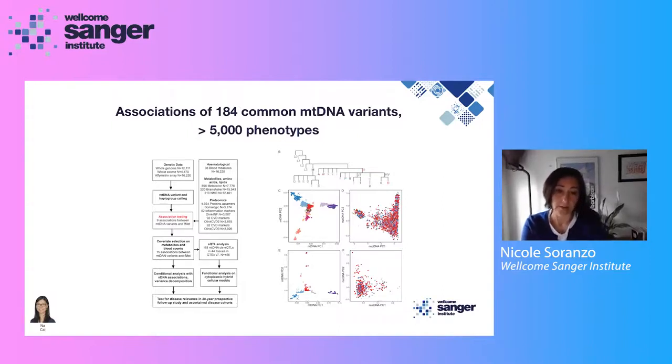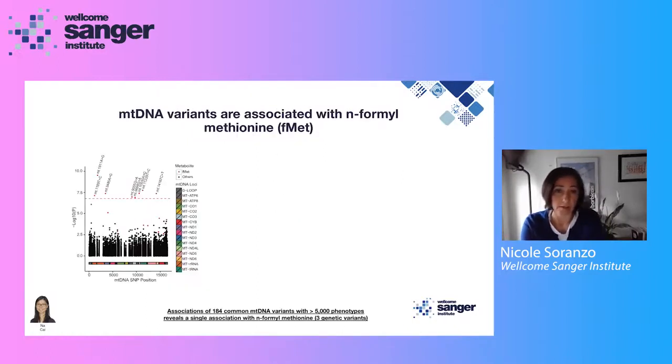So as I said, we tested association with over 5,000 phenotypes. And here on the left is a Manhattan plot showing the location of the SNPs along the mitochondrial genome with their encoding genes and p-values of association for all 5,000 phenotypes.